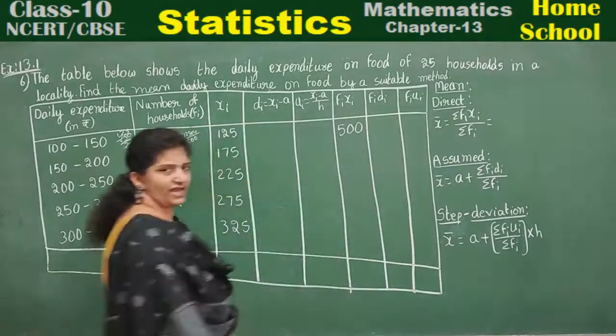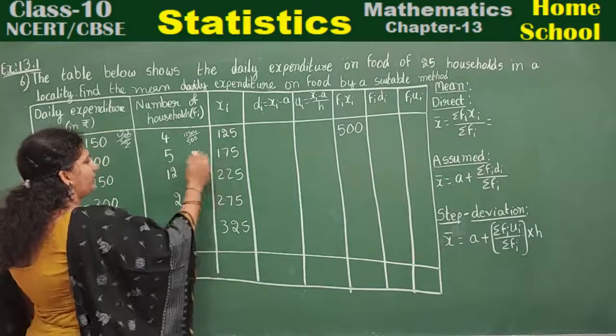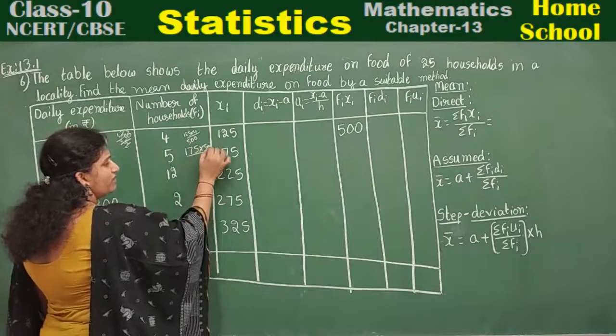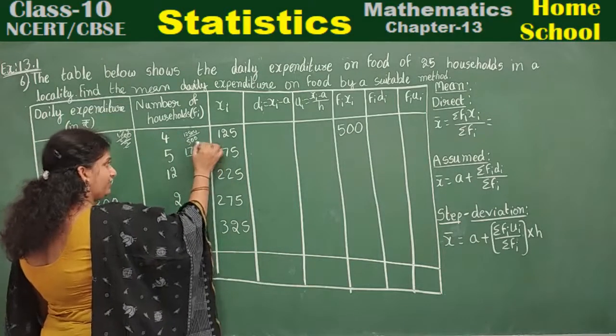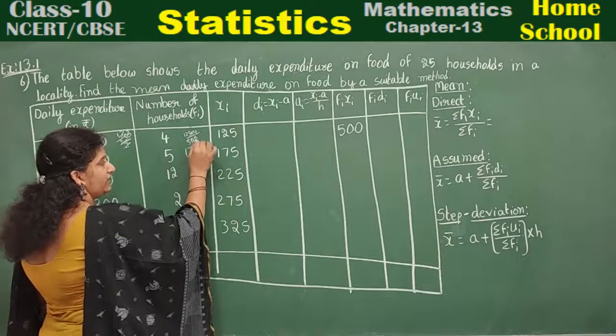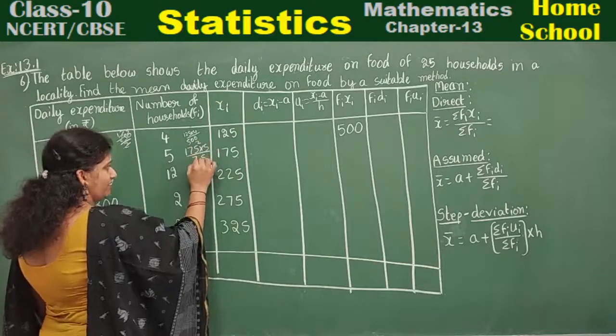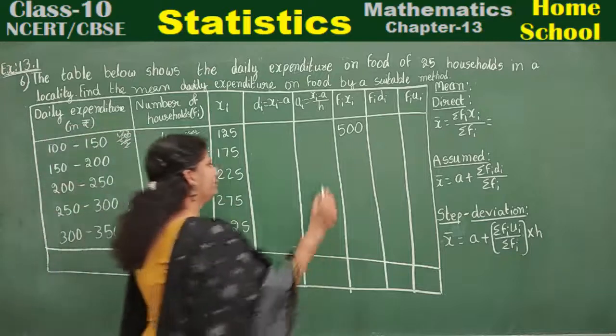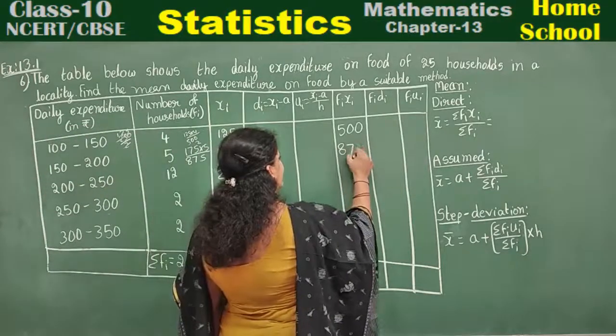Write it in the Fi Xi column. Now multiply this one. 175 into 5. 5 fives are 25. 5 sevens are 35 plus 2, 37. 5 ones are 5 plus 3, 8. It is 875.